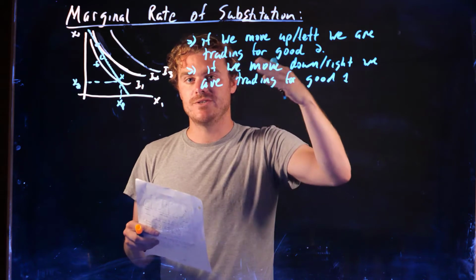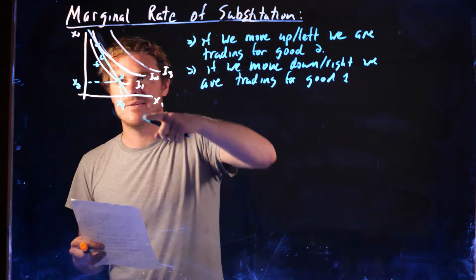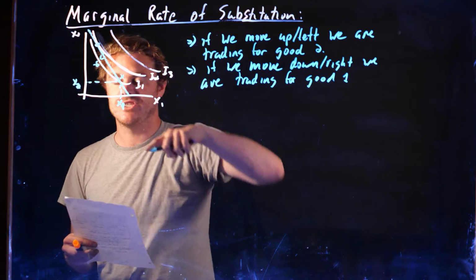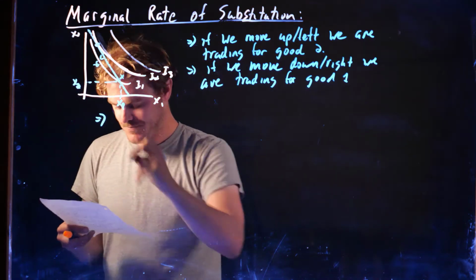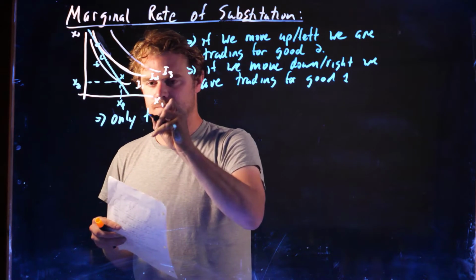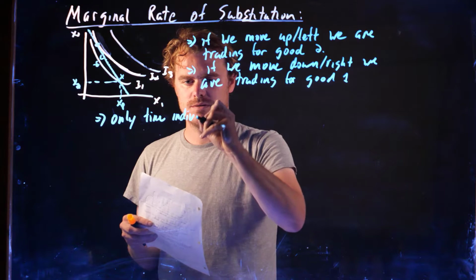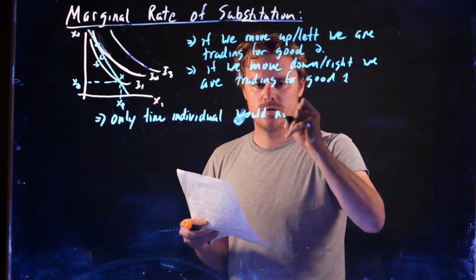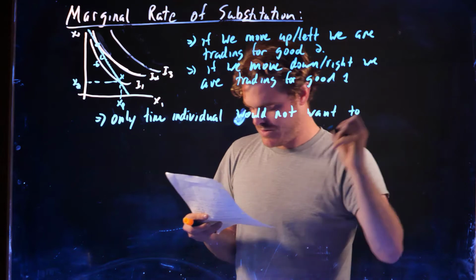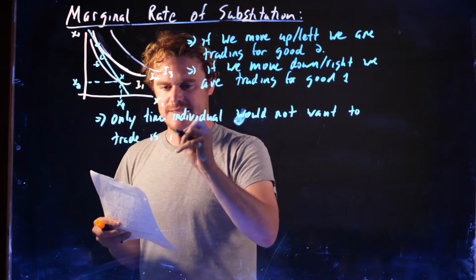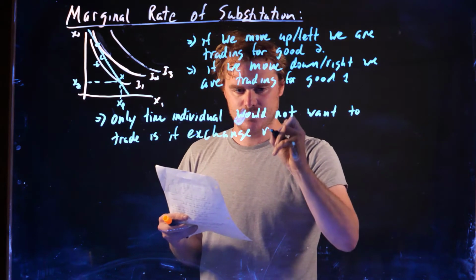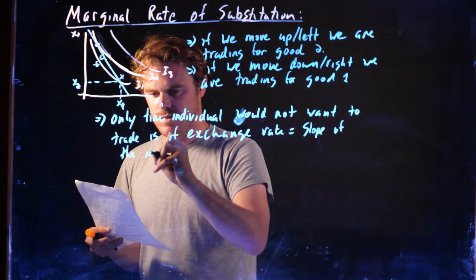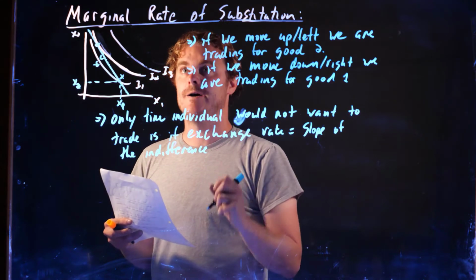So the only time a consumer is not going to trade is if the slope of this indifference curve is exactly the slope of this exchange rate, so it's exactly E. So the only time the individual would not want to trade or exchange is if the exchange rate equals the slope of the indifference curve, which is just the marginal rate of substitution.